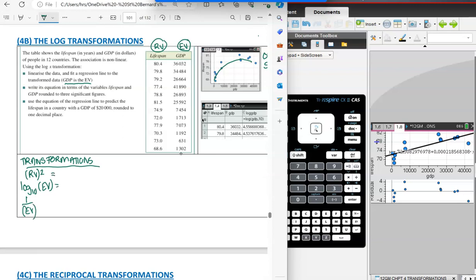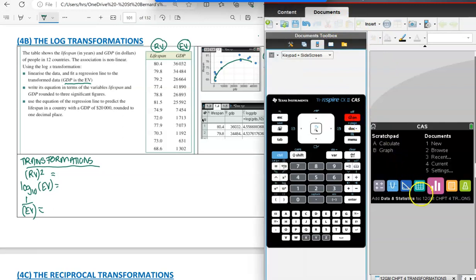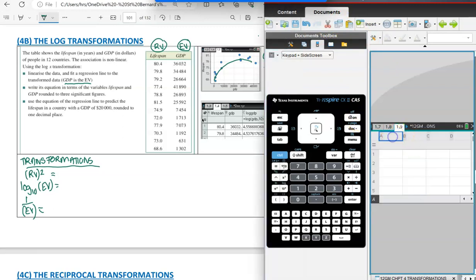So let's go and do them. We'll practice the RV squared one first. You've got your lists in there already, so it was GDP and lifespan.